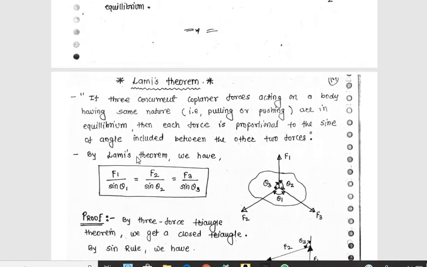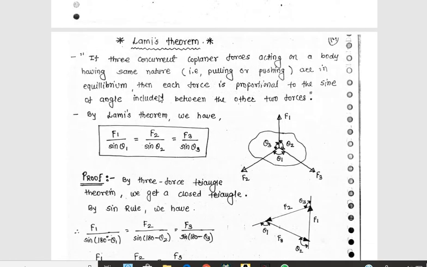Now this is very important. Keep Lami's theorem statement and its small derivation in mind. If three concurrent coplanar forces of the same nature, either pulling or pushing, are in equilibrium, then each force is proportional to the sine of the angle between the other two forces.